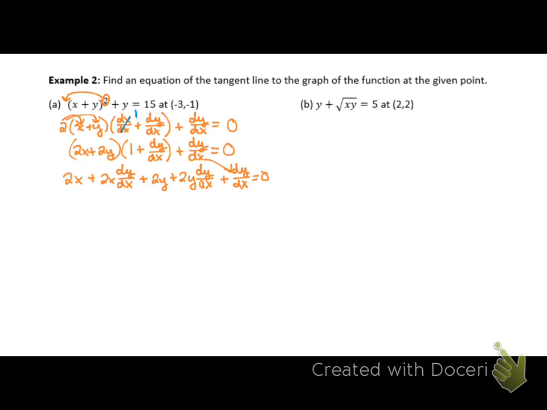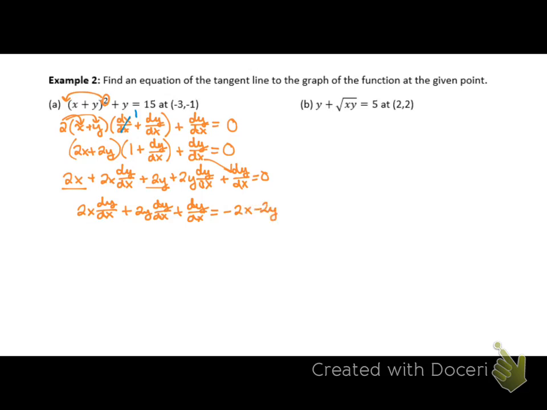Now my job is to get dy/dx on the left side. To do that, I'm going to move the 2x and the 2y to the other side. So I will subtract. So I get 2x dy/dx plus 2y dy/dx plus dy/dx equals negative 2x minus 2y.